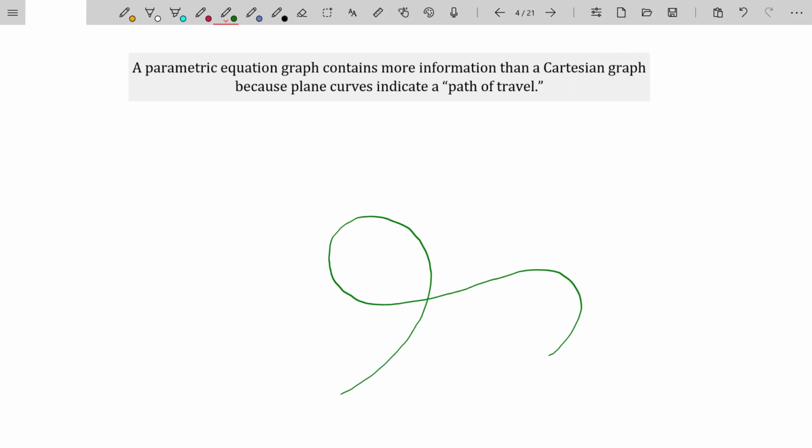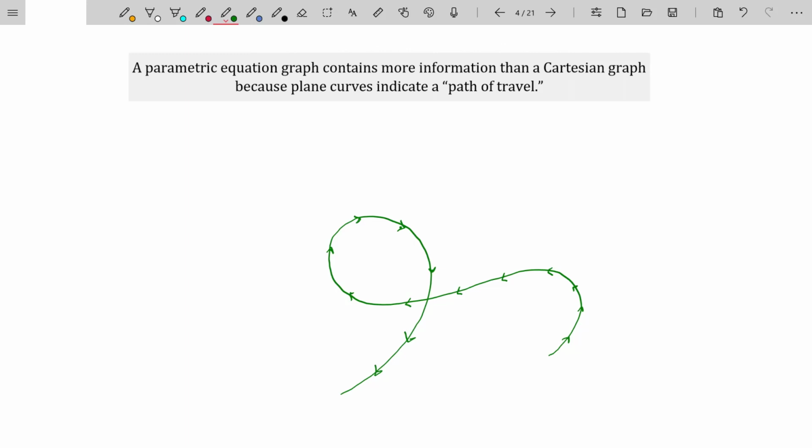And so in calculus, you need to know the path of travel because it helps you determine, for example, areas or arc lengths. Well, arc lengths, it doesn't really matter, but areas it does. So there are some very important pieces that you need to know that the path of travel will really help with here.